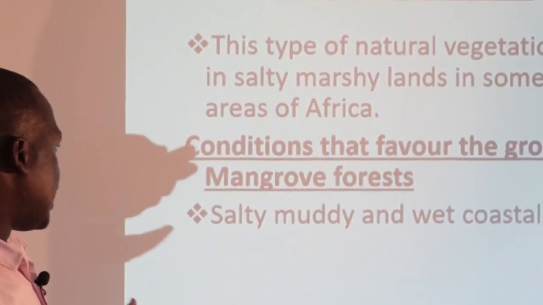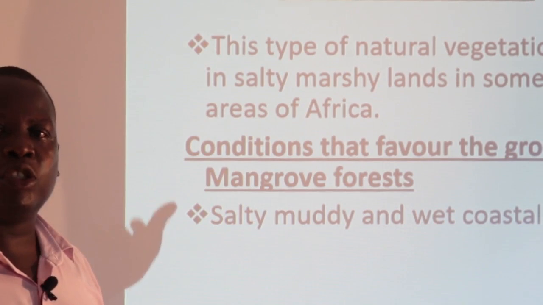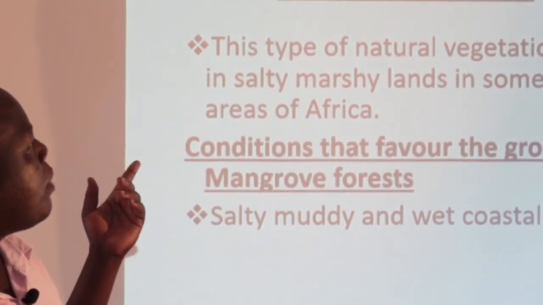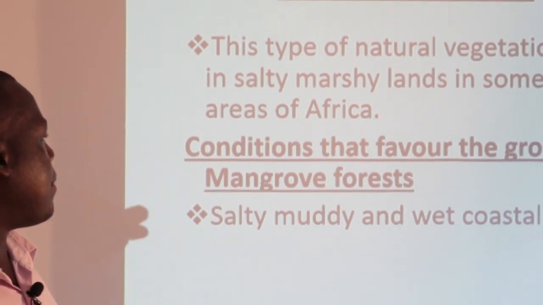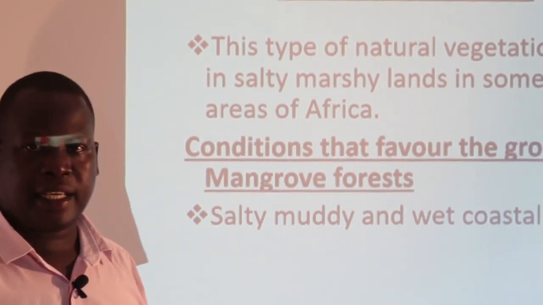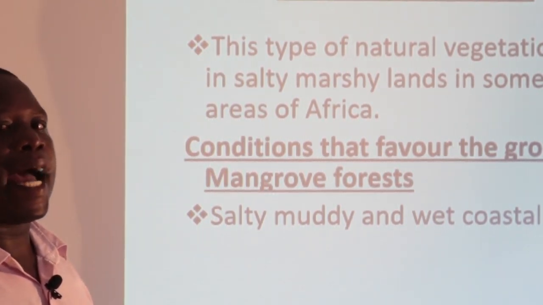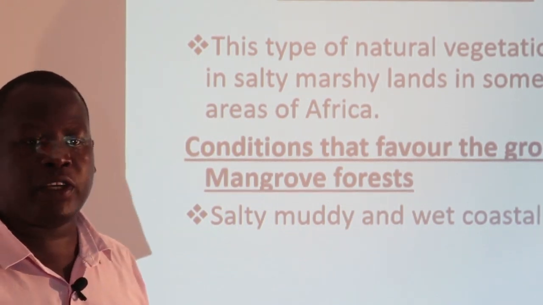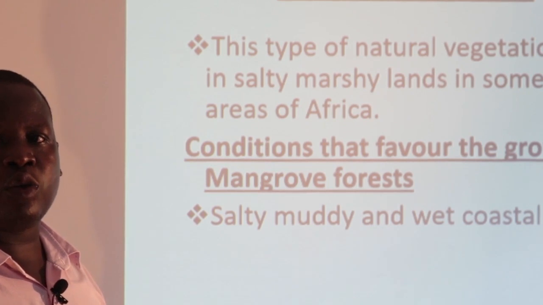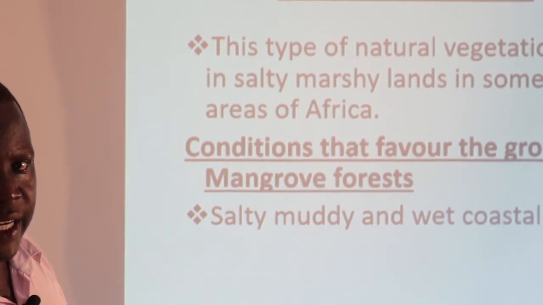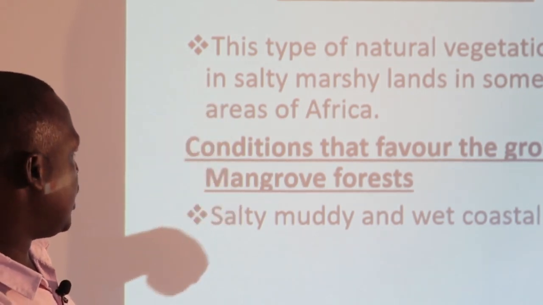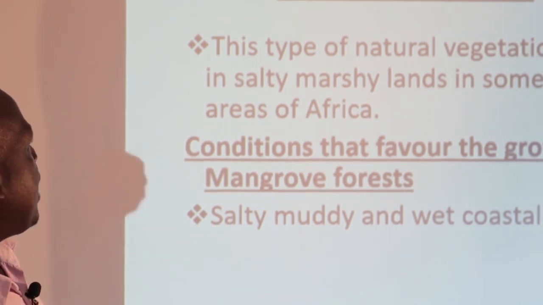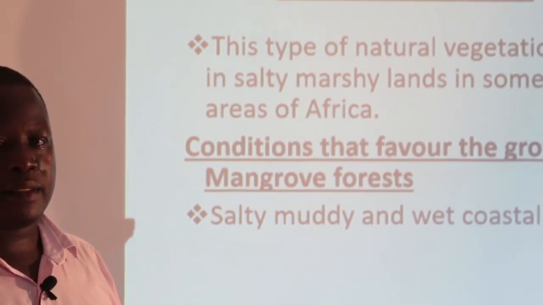So the water in that area has to be salty and then muddy to form something like the swamp areas. Swampy areas are ever muddy and wet, but only at the coast. Because sometimes they can say, name the common vegetation found at the coastal areas of East Africa. The moment you see the coastal area, they are asking you for the mangrove forests.